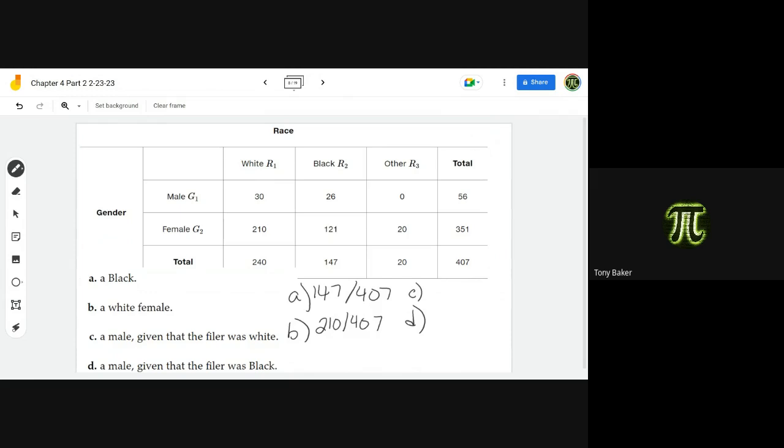What's the probability of a male being granted a protective order if the filer was white? It'd be the other way. No, it's 30 out of 240. So 30 is the male and white, and the white was 240.